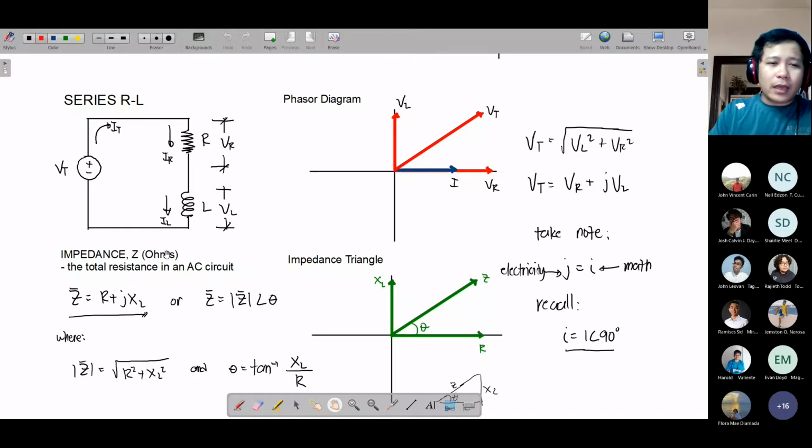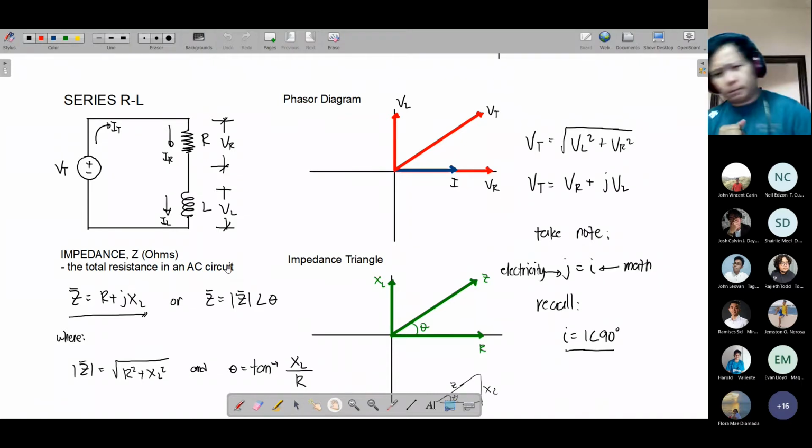Now, this impedance is represented by the variable Z. Of course, it has a unit of ohms. Okay? Impedance means the total resistance in an AC circuit.